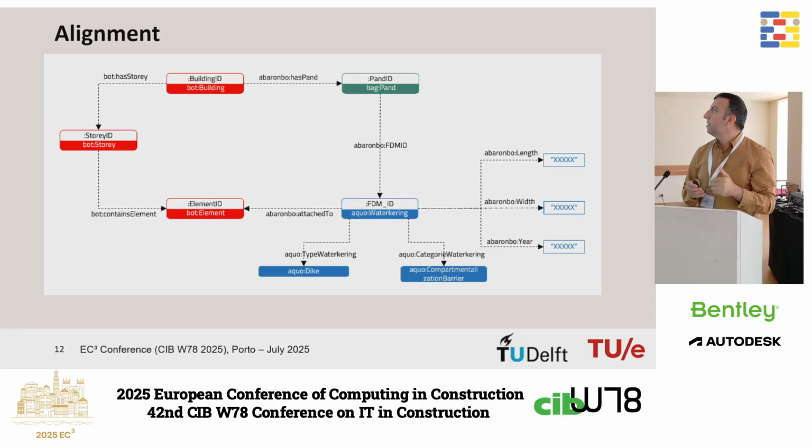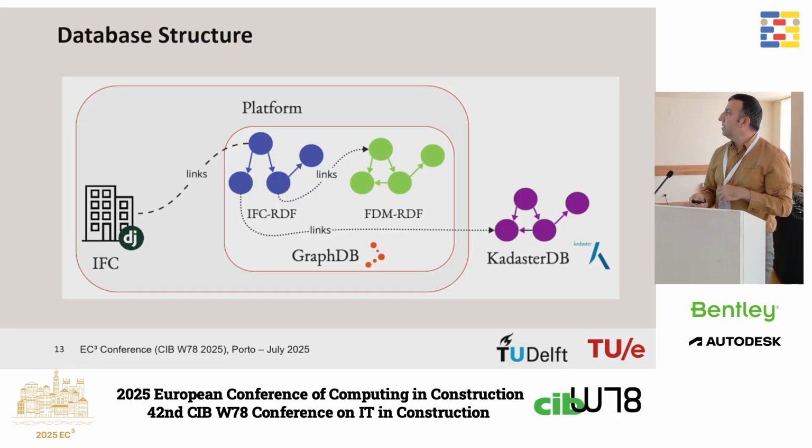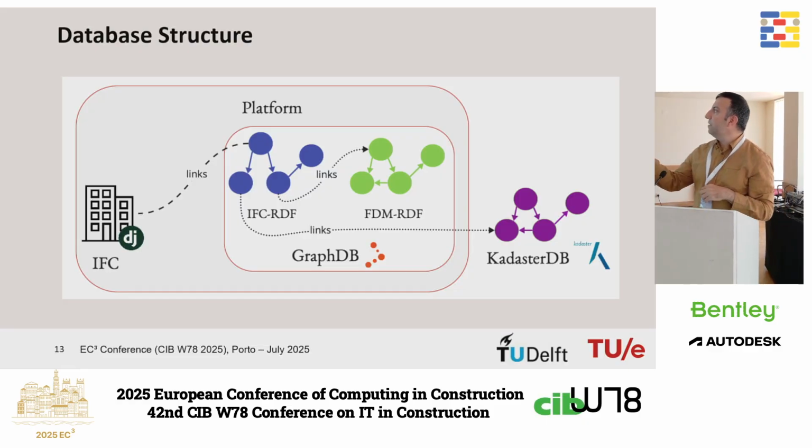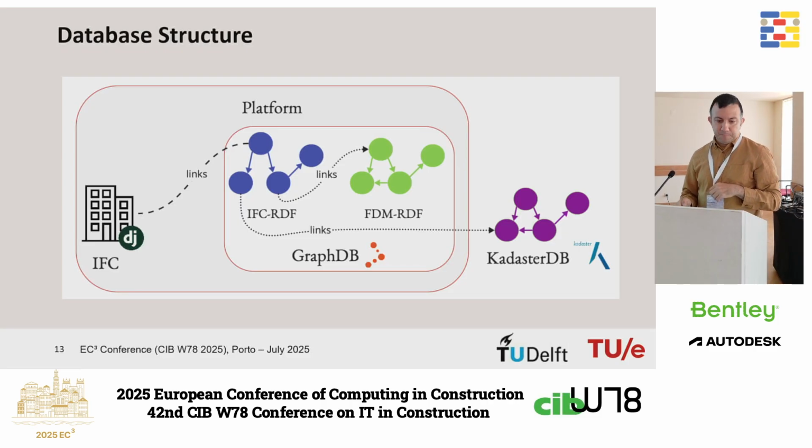For this, the IFC is converted by a script that I think Pieter developed. This is the database structure: we have the IFC, linked to IFC RDF, and then FDM RDF, and this is linked to the Cadastral DB.